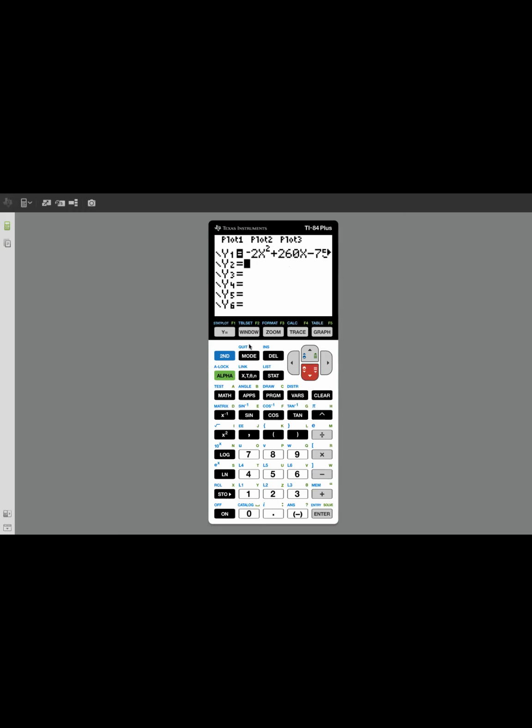I want to graph this to see what it looks like. Now, I'm going to have to think about my window again to make sure I get a good graph. Okay, so I want to hit graph. Oh, well, I didn't really want to hit graph. I want to hit second table to take a look at my table of values.